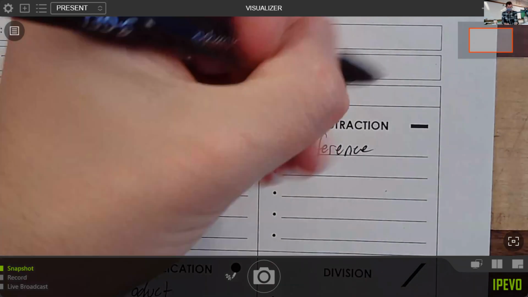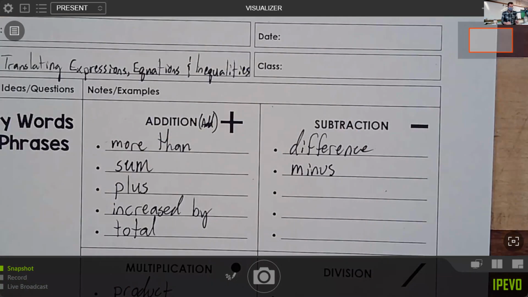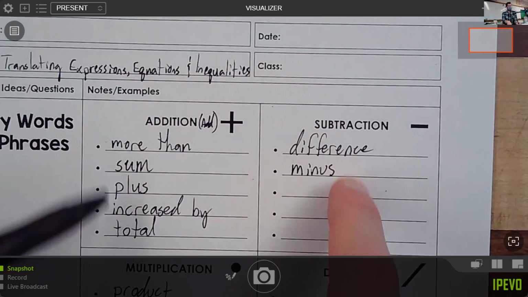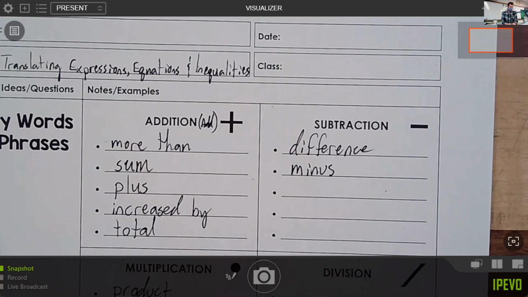Minus, yeah, definitely. Oftentimes, when you match up addition with subtraction, you'll see opposite words. So we've got difference could be like the opposite of sum, minus, and plus. Those are opposites. What do you think we could do for opposites of some of these other ones?